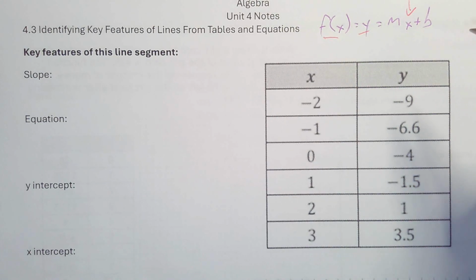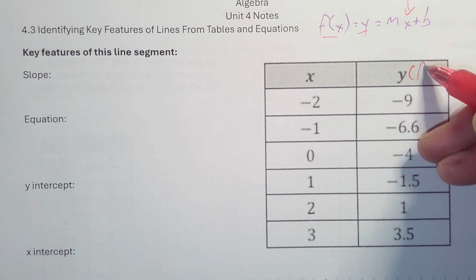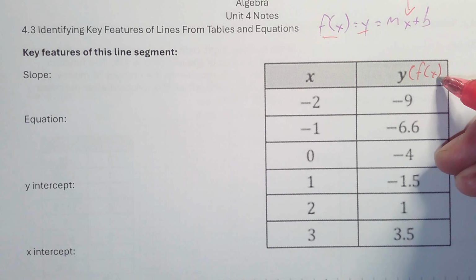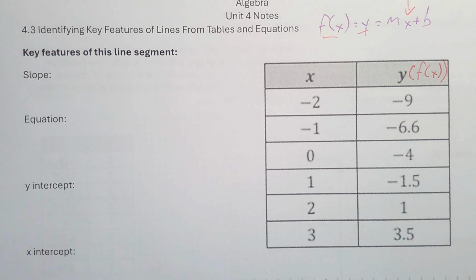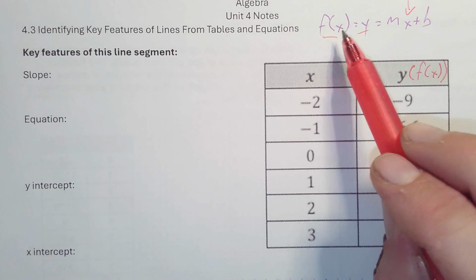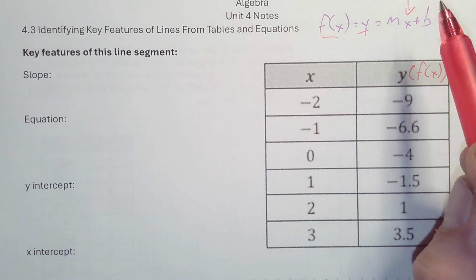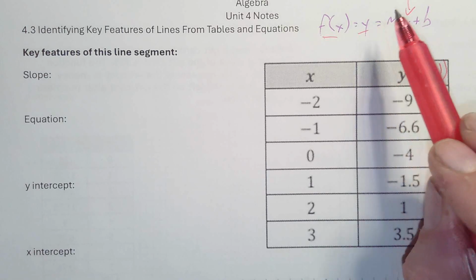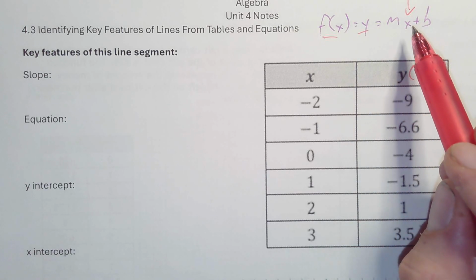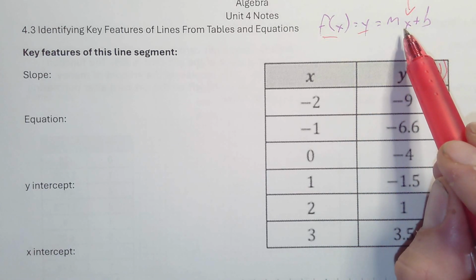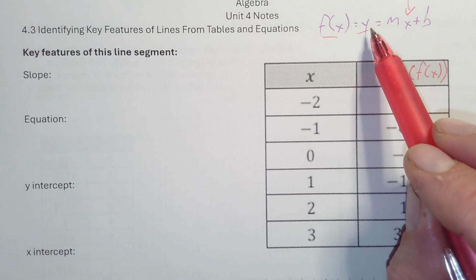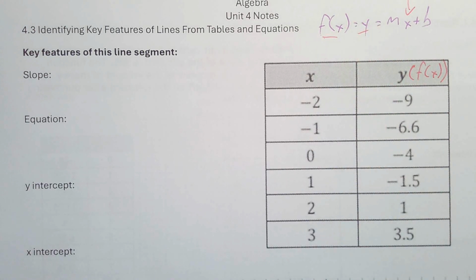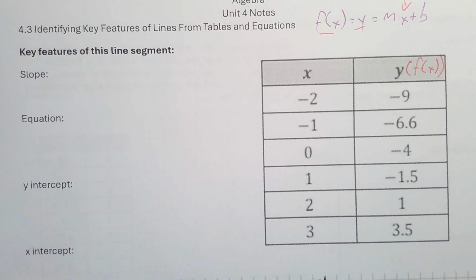Same thing, okay? So our f of x is the same thing as y. This means that this function is a function of x, or y is a function of x. When I plug in, x is my input and my output is y. Just a real quick reminder in case you forgot.